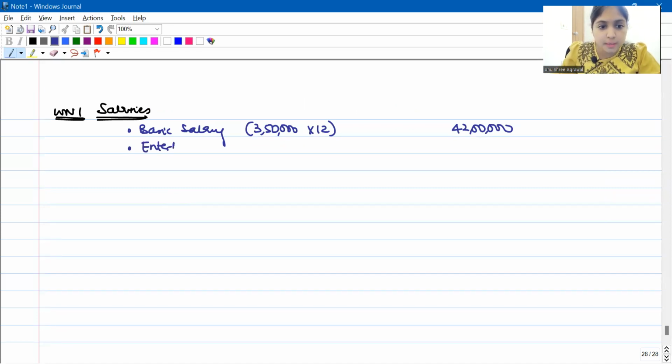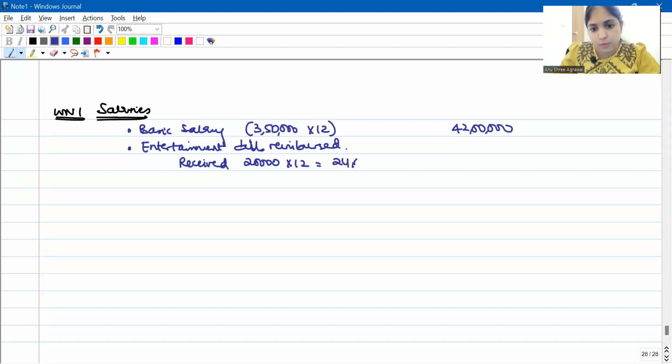So entertainment bills reimbursed. Show the calculation here itself. We received 20,000 per month. So 20,000 into 12, we received 2,40,000 plus amount spent for official purposes.